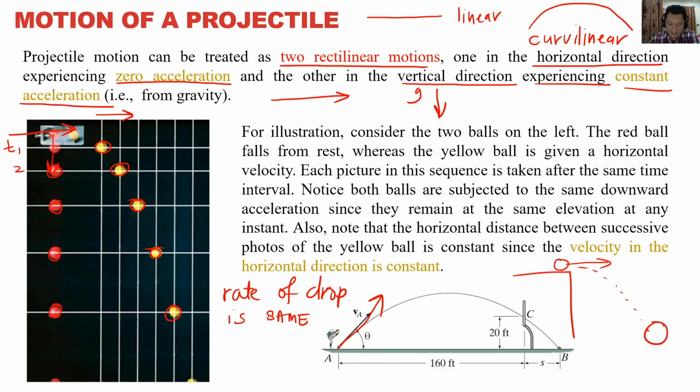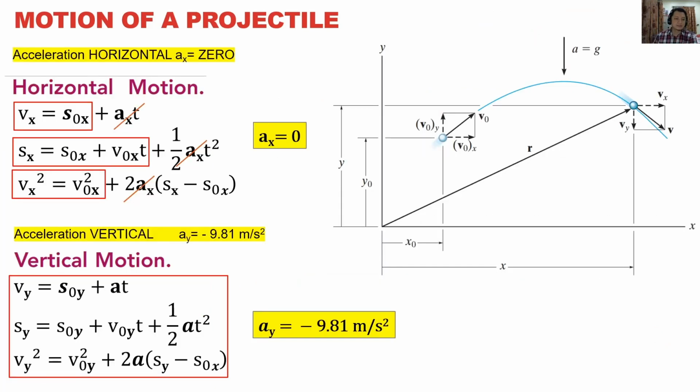So now let's take a look at the mathematics behind projectile motion. So there are two axes. One is x-axis, another one is y-axis.